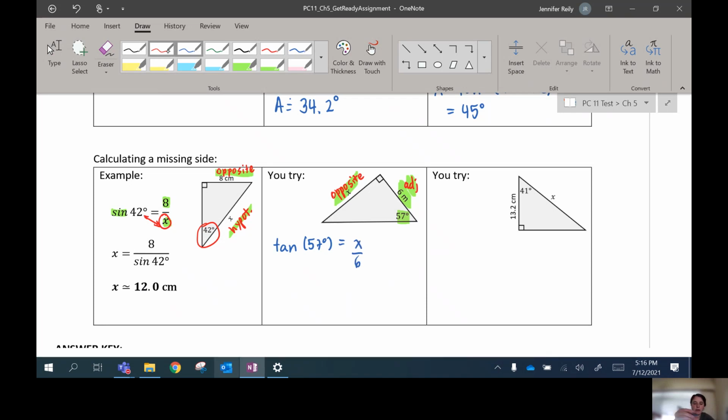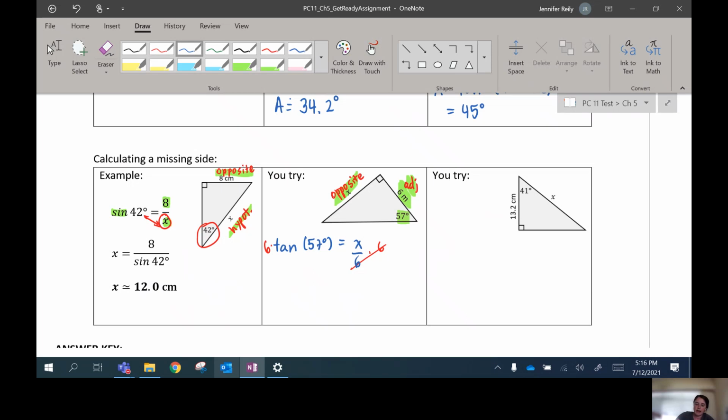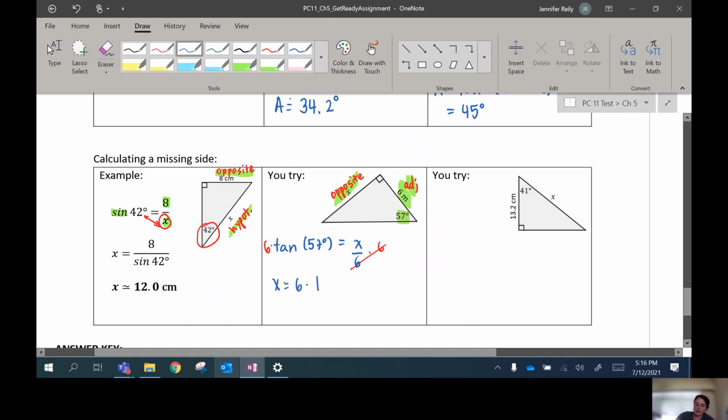In the case where the number is on the bottom, what you want to do to solve for x is just multiply by that number on both sides, because it cancels it out. So then you're left with x equals 6 times tan of 57 degrees. We can type that into our calculator. You get approximately 9.2, and it's in meters in this case.